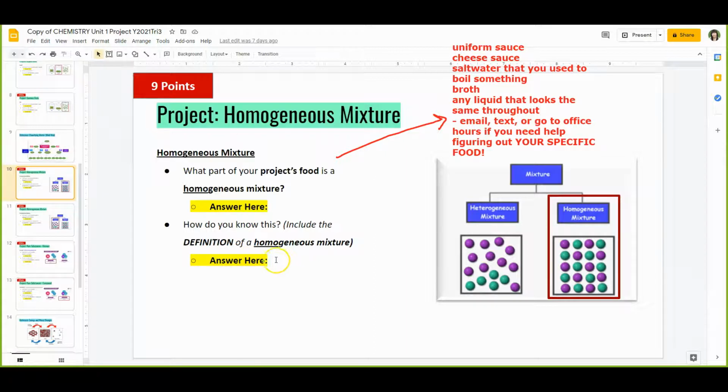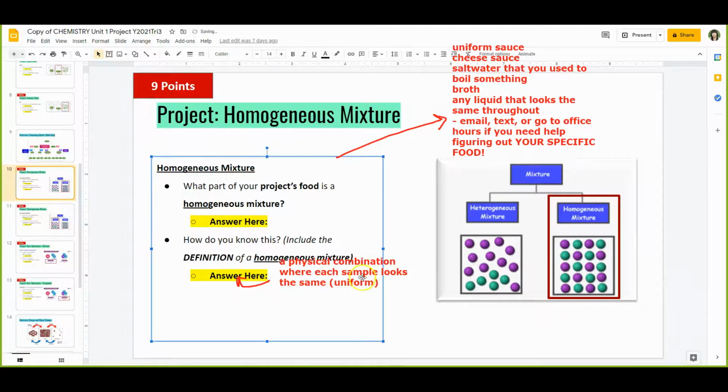So remember that the definition of a homogeneous mixture is it is a physical combination where each sample looks the same or uniform. Okay, so feel free to use that same definition. All right, so you can say that I know this because each sample of my food looks the same, right?